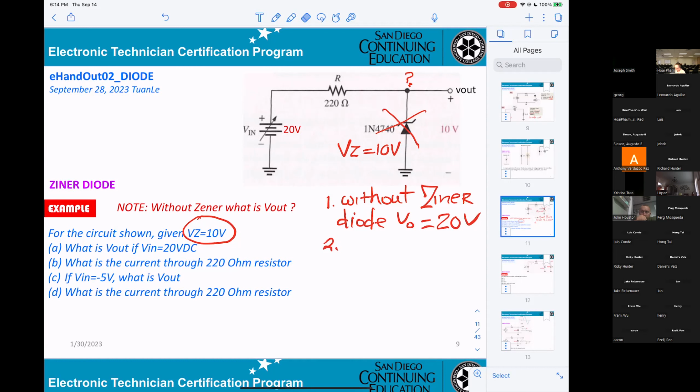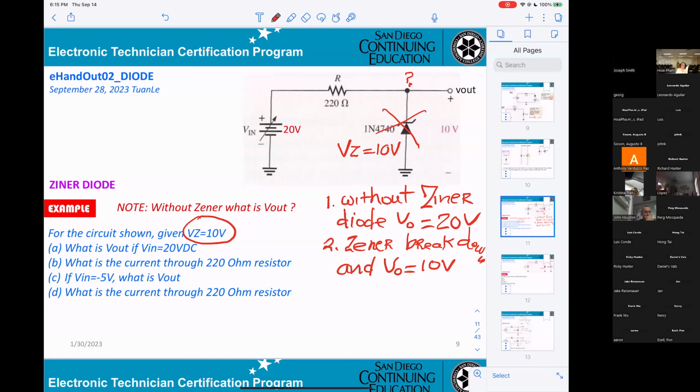So that's why you can say the Zener is in breakdown, and V out: if they break down, that means they cut the output to V Zener, 10 volt.